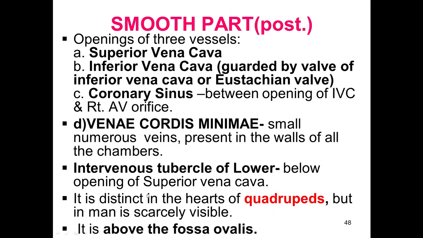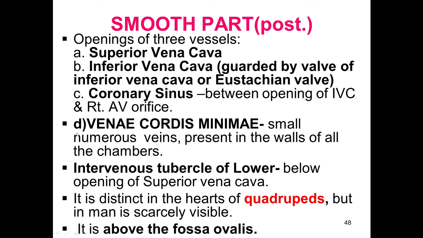Now what are the features of the smooth part? It shows various openings: superior vena cava, inferior vena cava, which is guarded by the valve of the inferior vena cava or the eustachian valve, and the coronary sinus. The coronary sinus is present between the opening of the inferior vena cava and the right atrioventricular orifice.